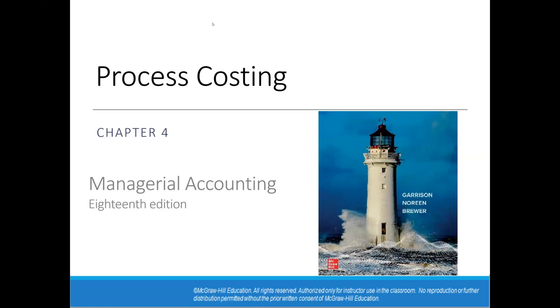Okay, so we're gonna go ahead and get started with chapter 4. So we've been talking about job order costing, and that is when you have a job that has a job number and it's going to go through the system where it's either one large item or it could be a batch of the same items going through the process, and we have to figure out how we're going to allocate the costs.